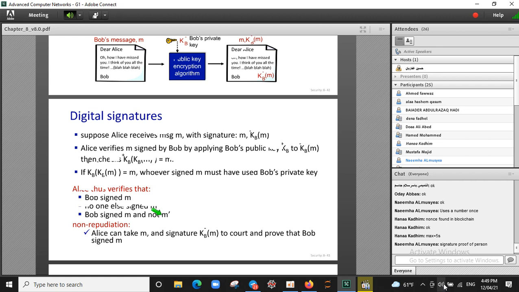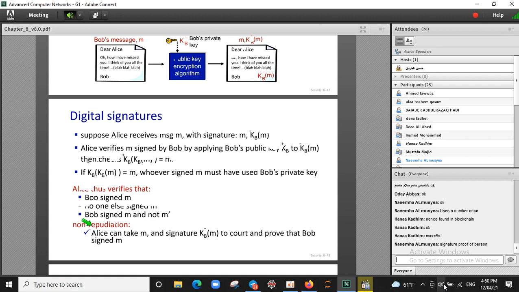But if the court does not decrypt the message, the court will say, okay, this is a fake order. This is not Bob's order. So everything is finished for me. It's not my order. We call it non-repudiation.